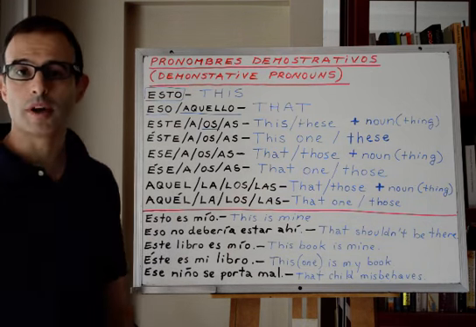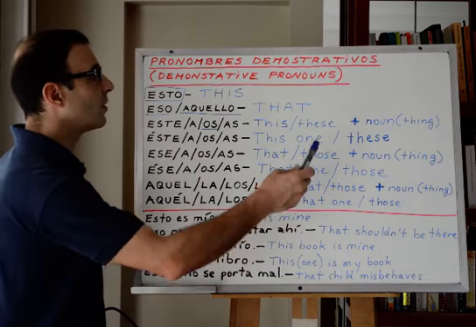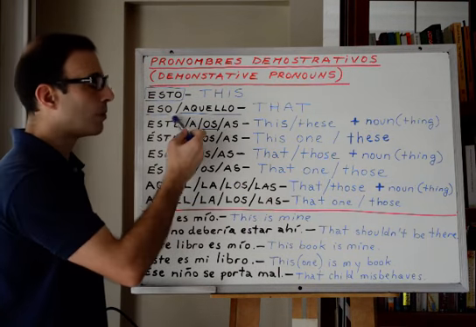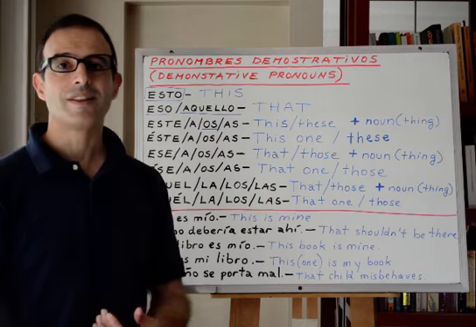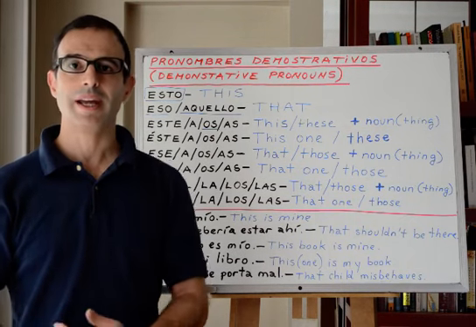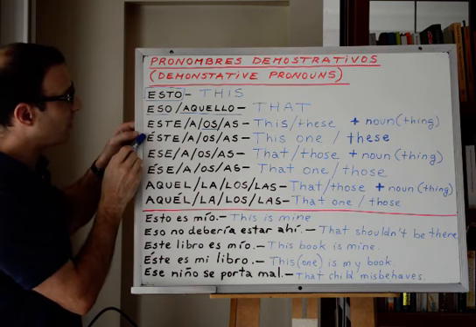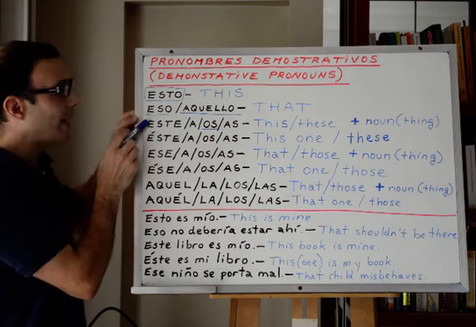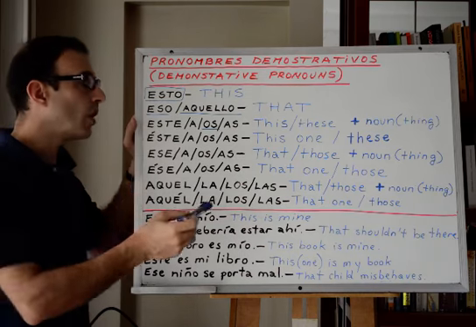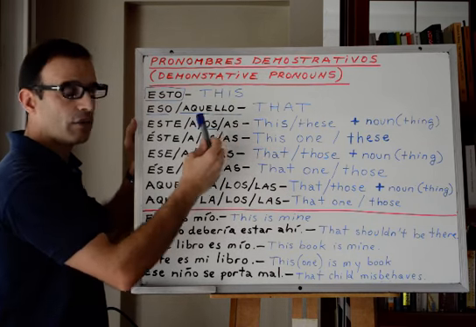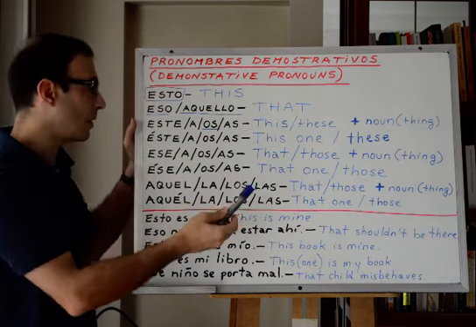Now, if I want to say these or this one without adding the noun after the pronoun, okay? I want to say this one is mine, okay? Este es mío. Then I will use este with the accent mark, okay? So, without the accent mark is only when it is followed by the noun.